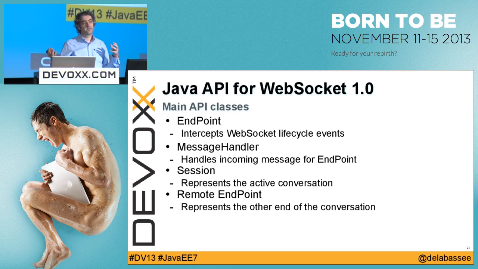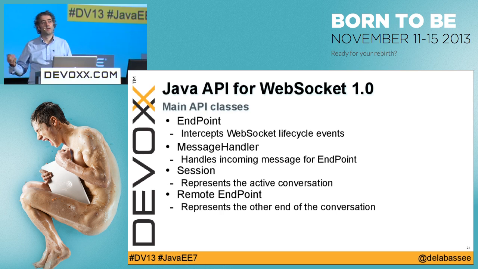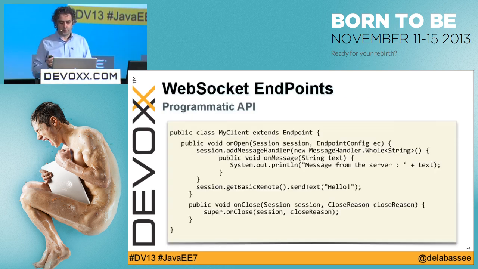Session basically represents the communication, the active conversation between two endpoints. And then we have events that will be generated. What you will have to do is react to the events that are generated on the session. For that, we can use a message handler. So we have a few classes: the endpoint class, the message handler that we will attach to react on a WebSocket event, the session class, and the remote endpoint.